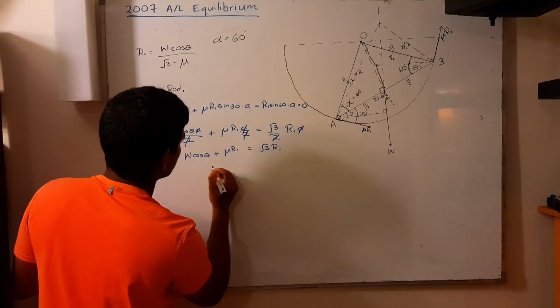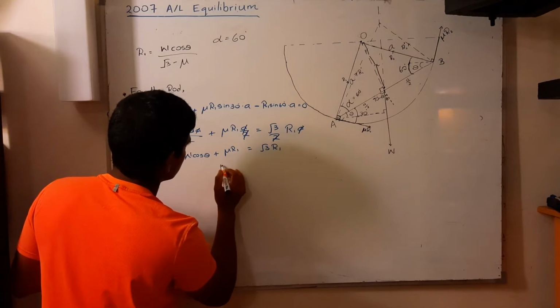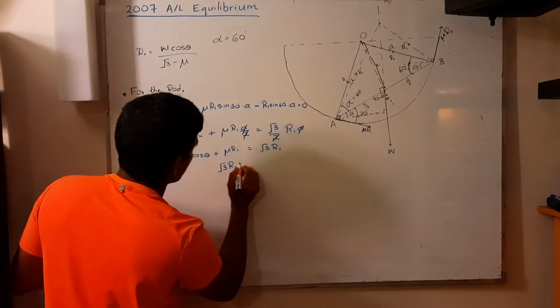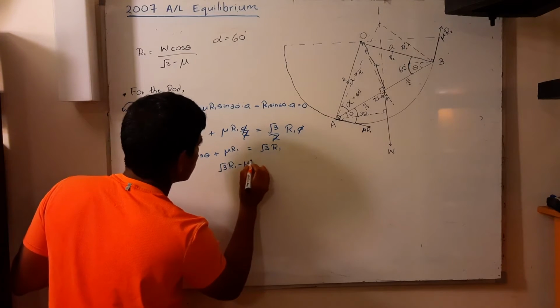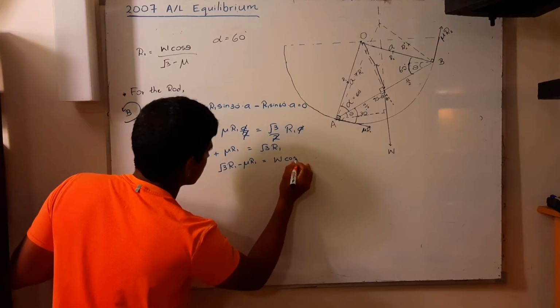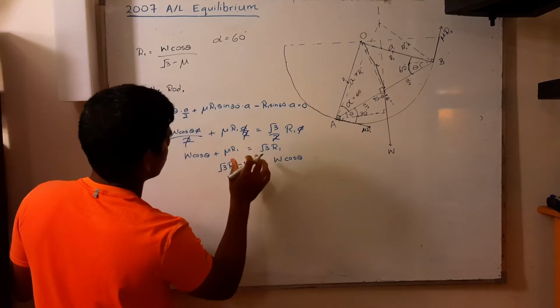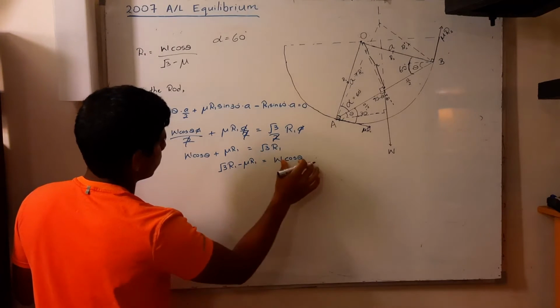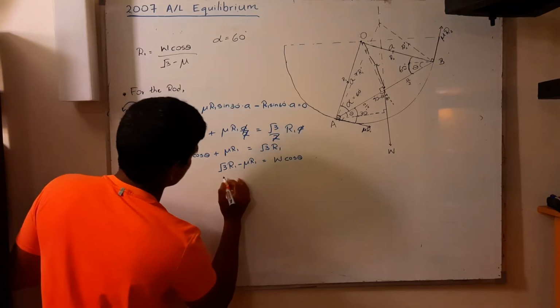Now I'm going to take the R1 terms to one side. So R1 root 3 minus mu R1 equals W cos theta. So basically what I did was I wrote the right hand side first and then the left hand side, because R1 is what we need to subtract.